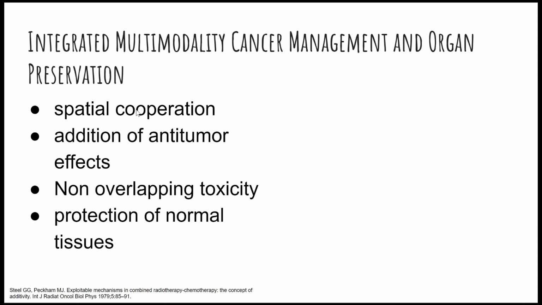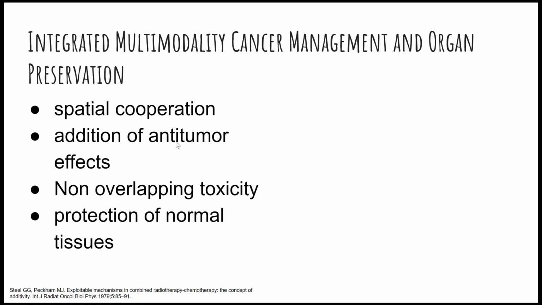Chemo works systemically, it works on the whole of the body, while radiation and surgery work locally. The interesting part about radiation, which we'll study later, is the abscopal effect, the immunity effect that radiation has, that to some extent radiation might also have a systemic effect.